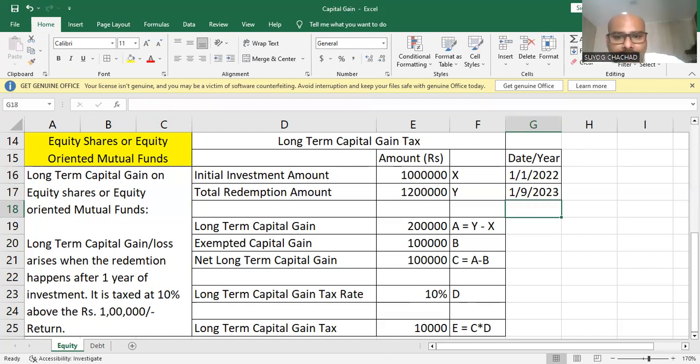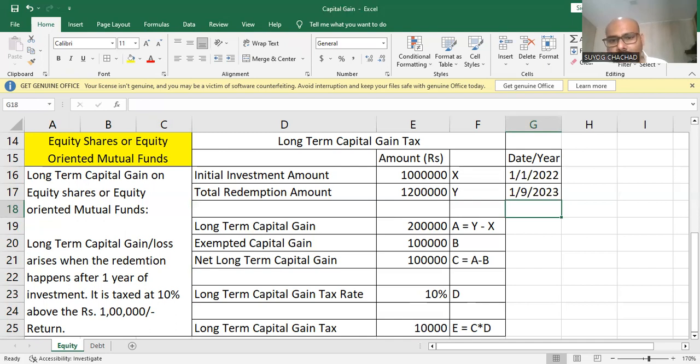Okay, so let's say 10 lakh rupees are invested and you have withdrawn the entire amount at market rate. Let's say it's 12 lakh rupees. So you can see that there is a 2 lakh rupees net gain, but as it comes under long-term capital gain, you are liable to pay a long-term capital gain tax. Now here you will get a benefit that as you are holding your investment for more than 1 year, the first 1 lakh rupees gain on your investment is exempted from the tax.